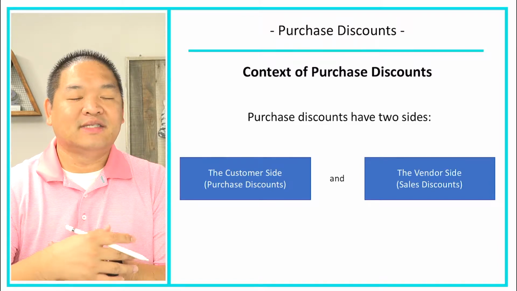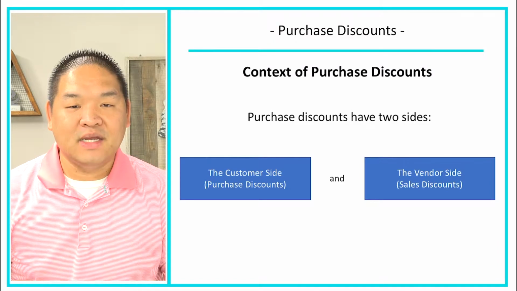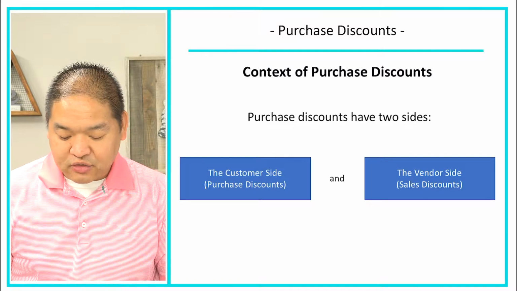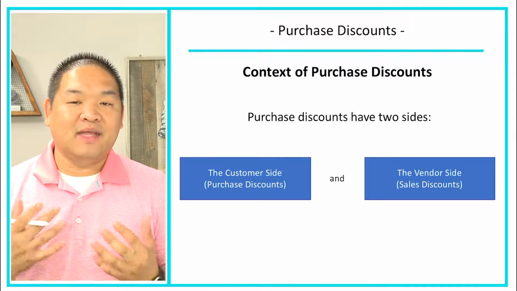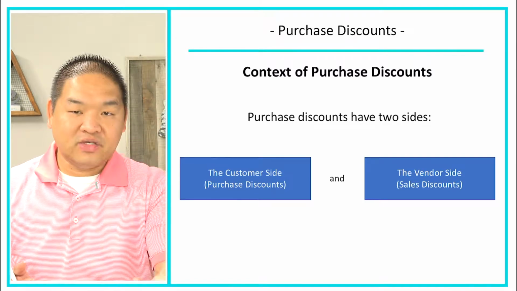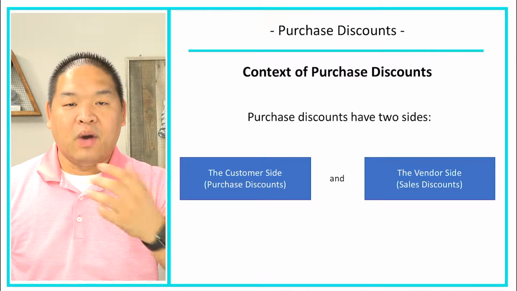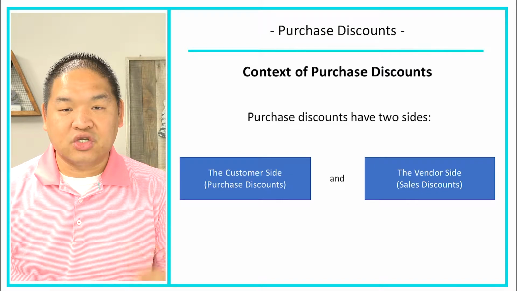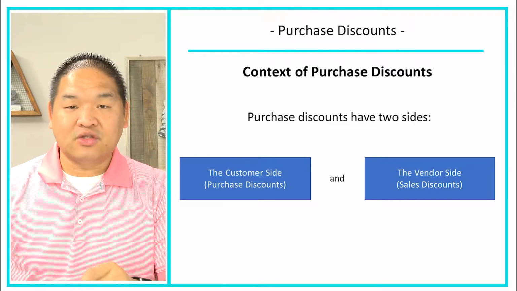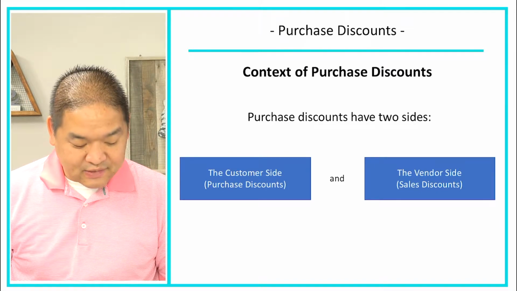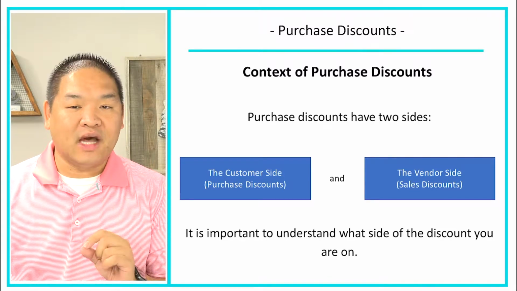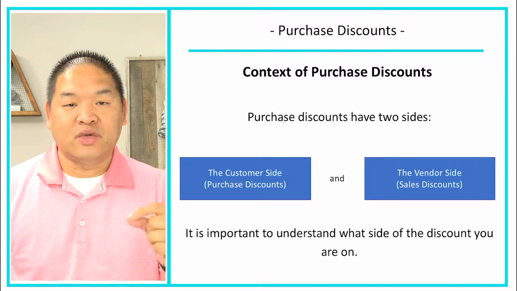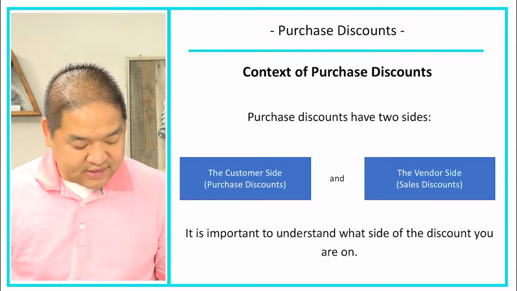These are different terms, but they basically mean the same thing, so we want to keep that straight. We've got my side, which is going to pay less, and the vendor side, which is going to get less once I pay within the credit terms, in this case the purchase discount terms, which is 10 days. It's important to understand what side of the discount you're on because that is going to tell us how we're going to do the journal entry at the end of the day.